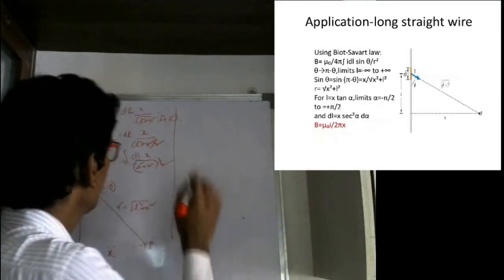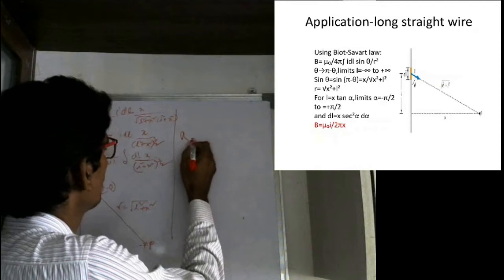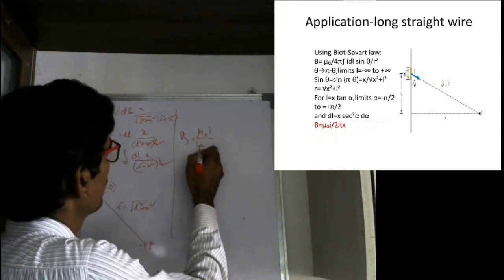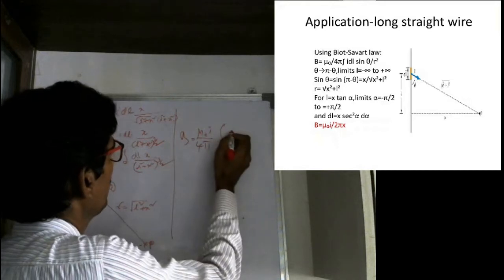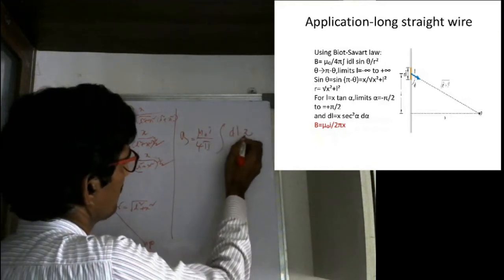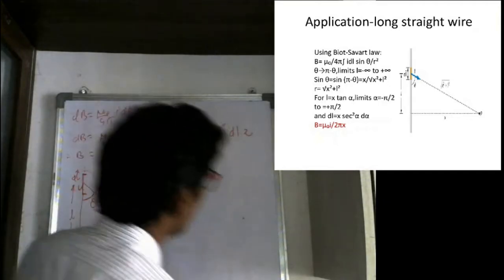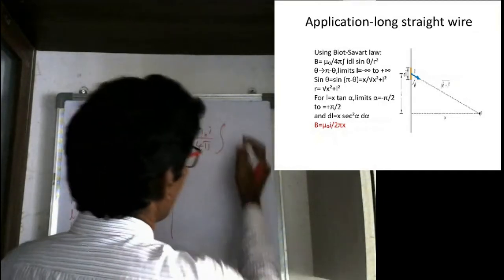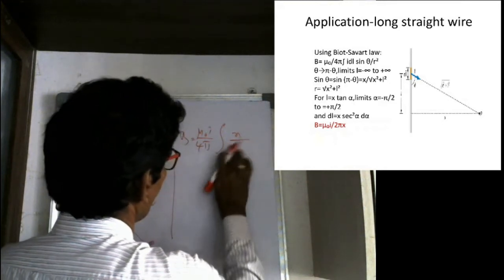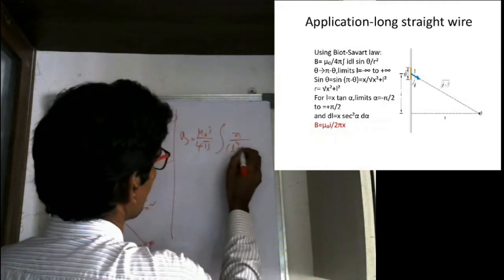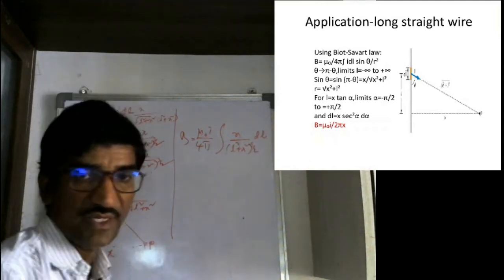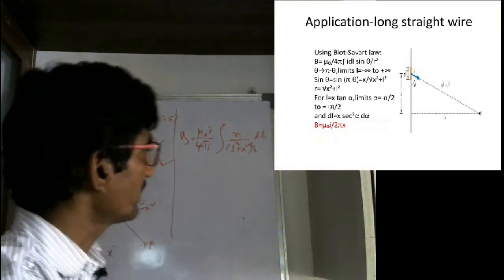Here I am writing B is equal to mu naught I by 4 pi integral x by L square plus x square to the power 3 by 2 dl. Okay, now we have to find this integral.